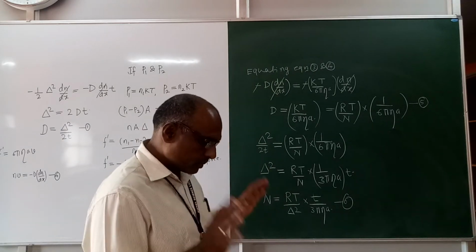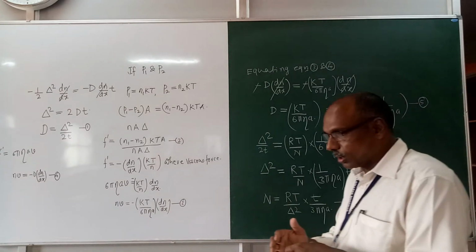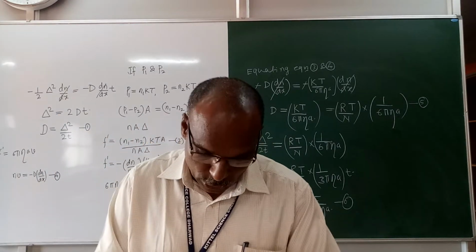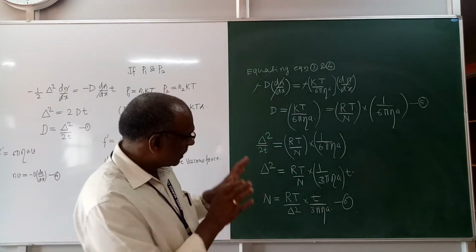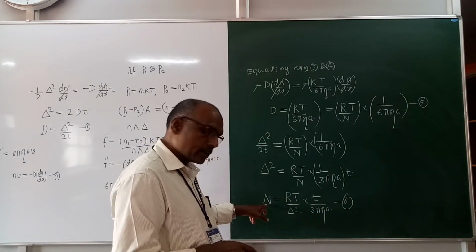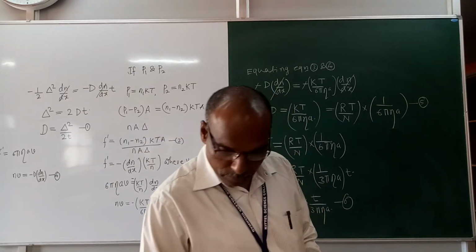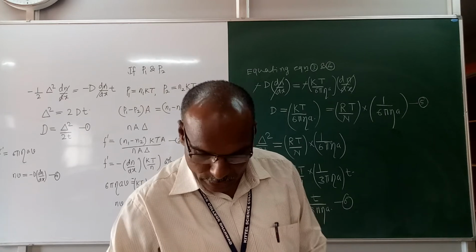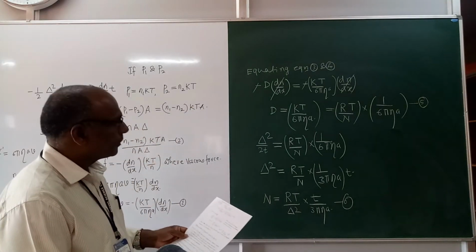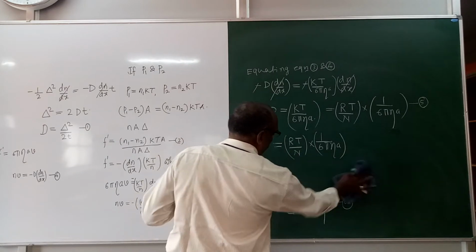So if this treatment, what is called Einstein's theory of Brownian motion on the basis of kinetic theory of gases, is correct, then using this expression we should get the value of N. That work has been done by Perrin, another scientist, and this determination of Avogadro number by Perrin is the last article.